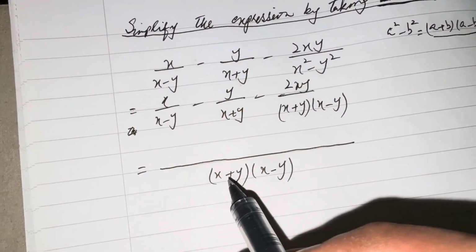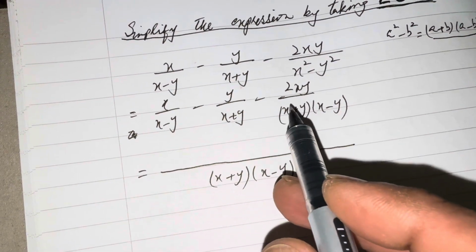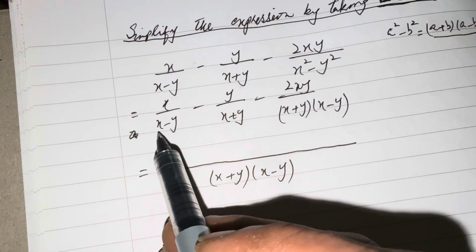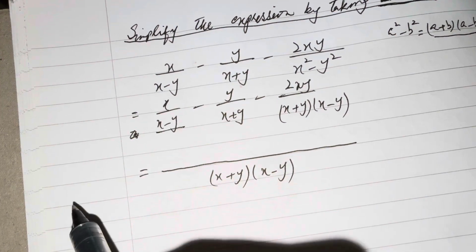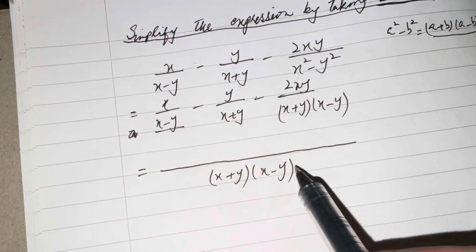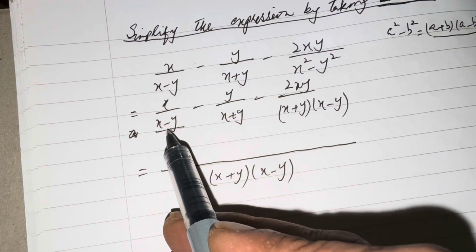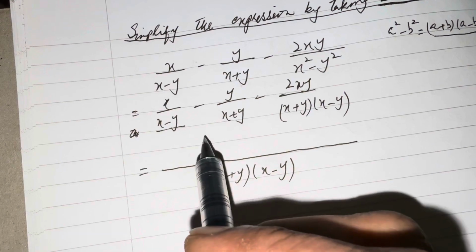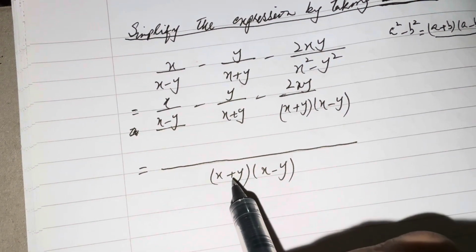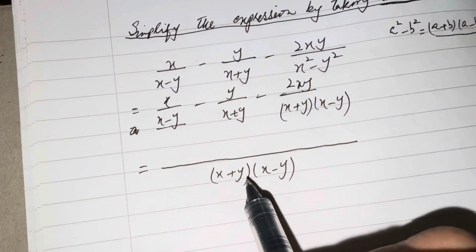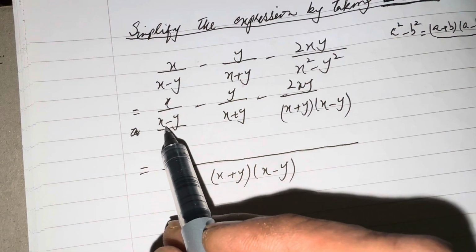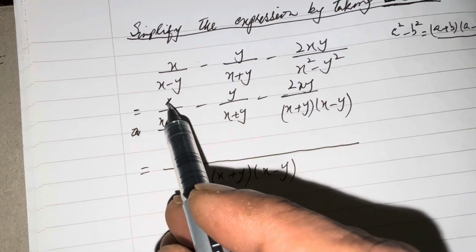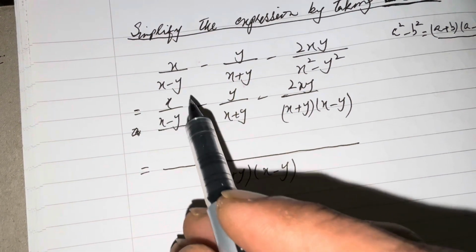So that's the way that we are going to simplify this question. So now what we have to do, we will take the first term, and the LCM will be divided by this denominator, and the remainder will multiply by this numerator x. In other words, the LCM will be divided by this denominator, and the quotient will multiply with this numerator.